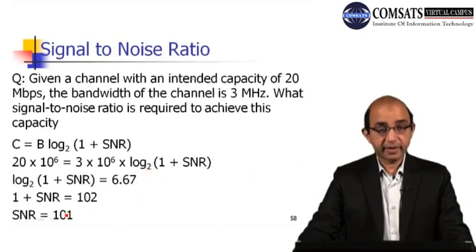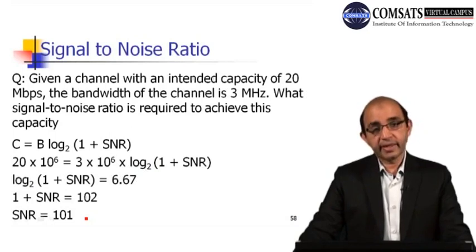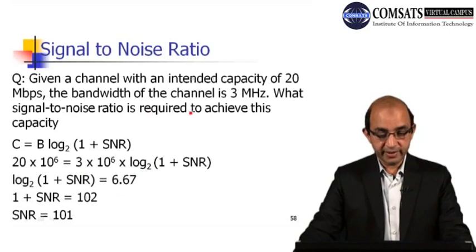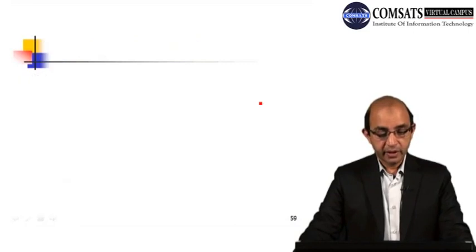So SNR is equal to 101. This SNR is required in order to achieve this capacity, that is 20 megabits per second, with a bandwidth of 3 megahertz.